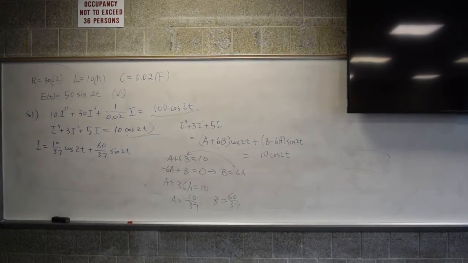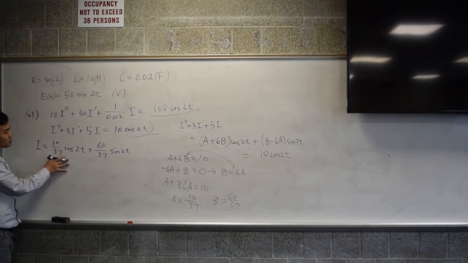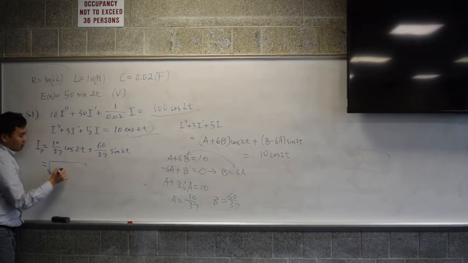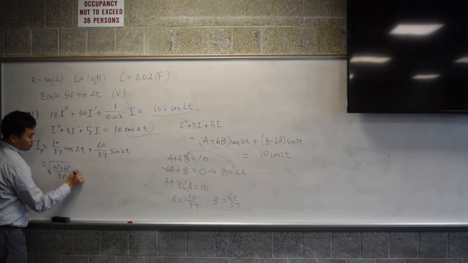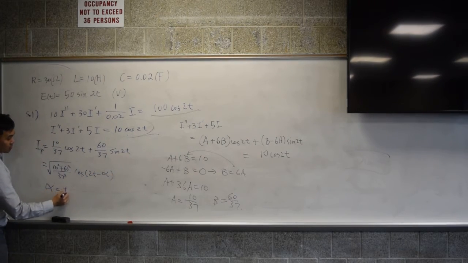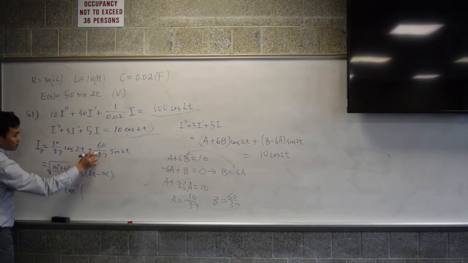Okay. Now, I was just asking for I_P, but what if you were asked to find the angle by which the current is lagging behind or going before the voltage? You have to make this into square root of 10 squared plus 60 squared over 37 squared times cosine of 2t minus alpha, right? Where alpha is equal to tangent inverse of this over that. Okay?